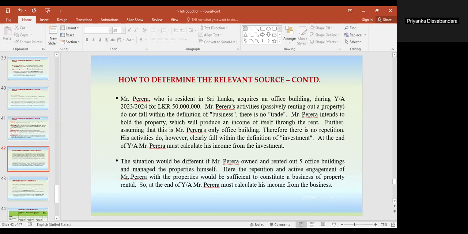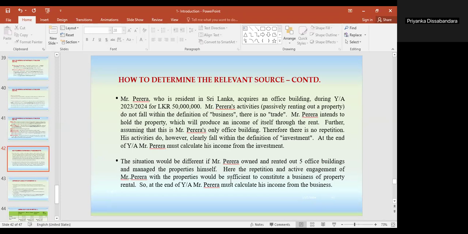Mr. Pereira intends to hold the property, which will produce an income of itself through the rent. Further, assuming that this is Mr. Pereira's only office building, there is no repetition. His activities do, however, clearly fall within the definition of investment income.